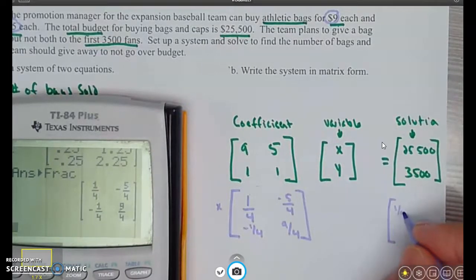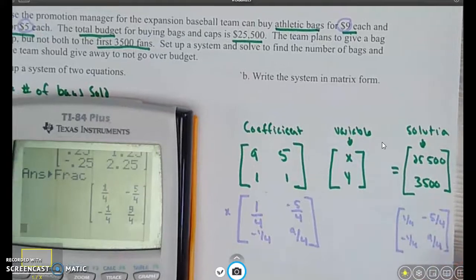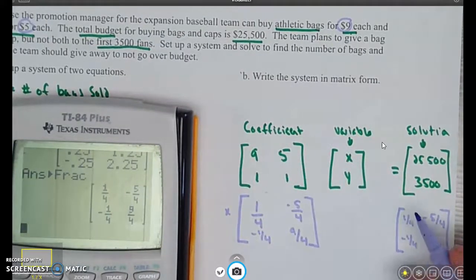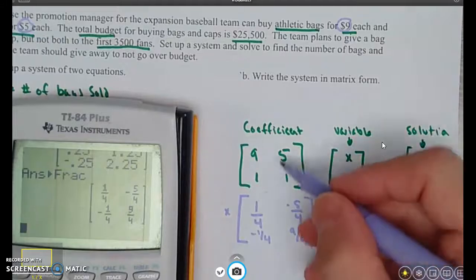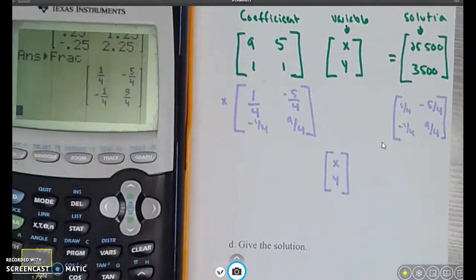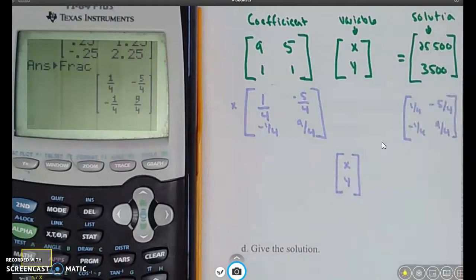So I'm taking 1/4, -5/4, -1/4, and 9/4, and I'm multiplying those two equations together. Okay? Alright, so I know that that's going to become 1. So that leaves me with x, y on both sides. So I have to multiply these two matrices together.